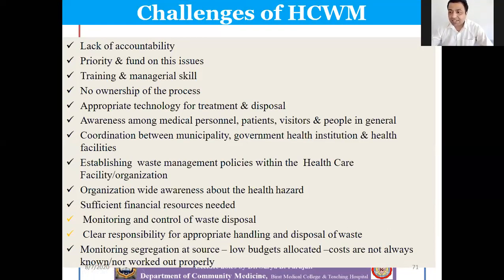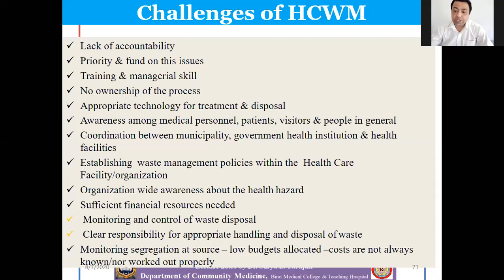What are the challenges of healthcare waste management? Lack of accountability. As healthcare professionals, we know the possible harms of healthcare waste, but we are not accountable. It's not a priority. There is no funding on this issue. Lack of training and managerial skills. No ownership of the process. No appropriate technology for treatment and disposal. Lack of awareness among medical professionals, patients, visitors, and people in general.